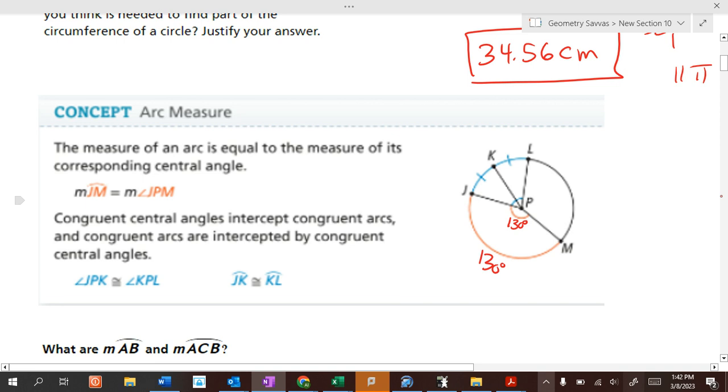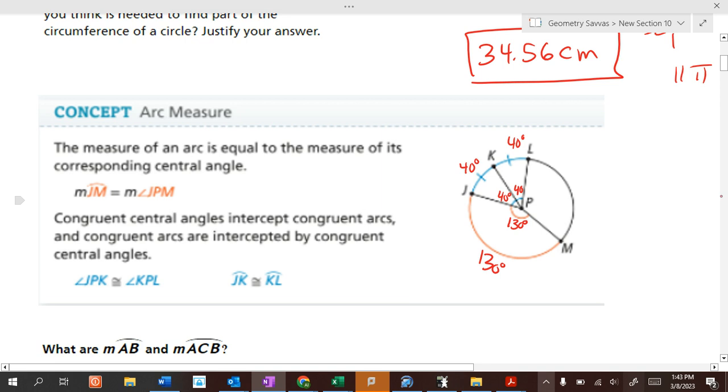Okay? And let's say that this angle here is 40 degrees. How big is JK out here? 40 degrees. How big is KL? 40 degrees. So that makes this angle 40 degrees. Okay?